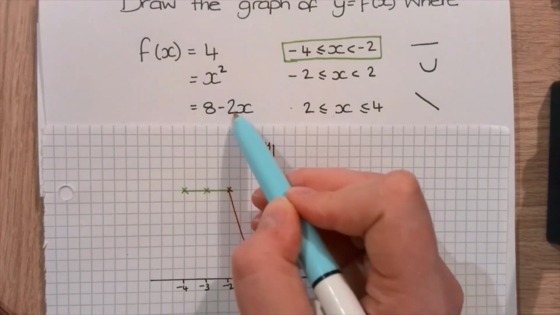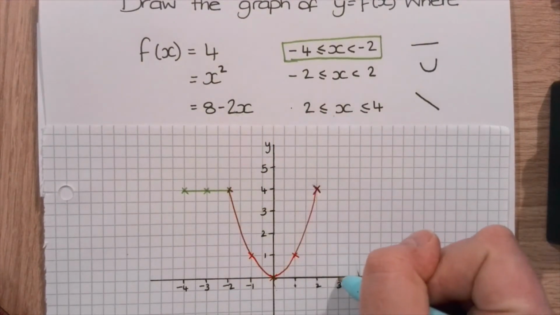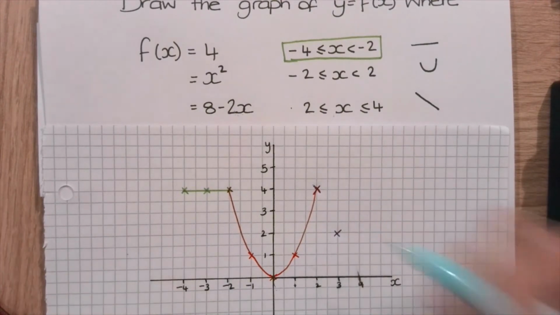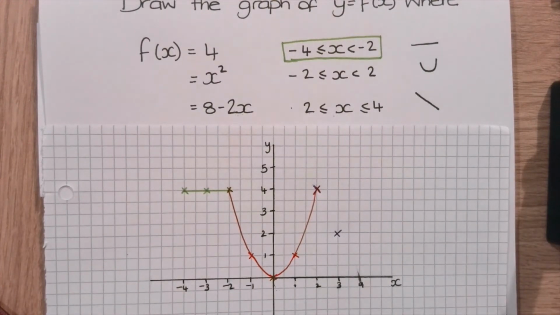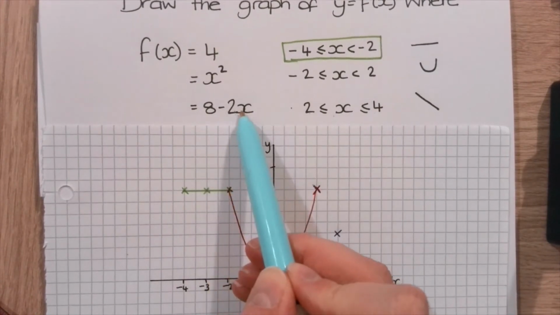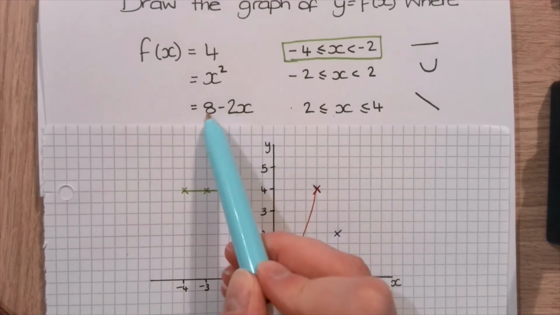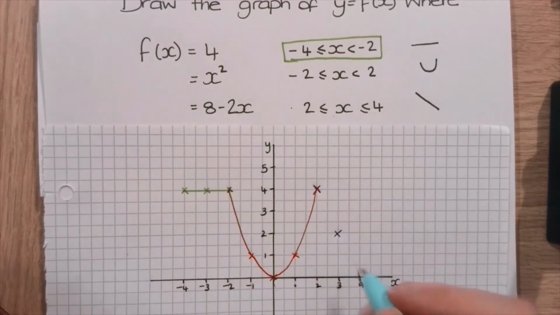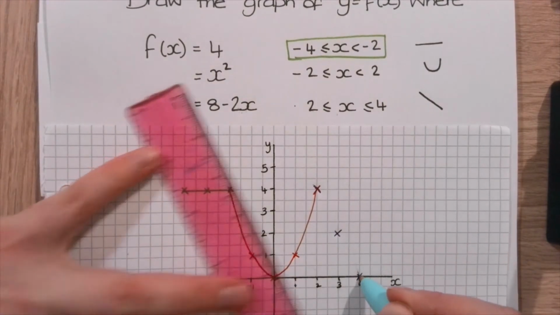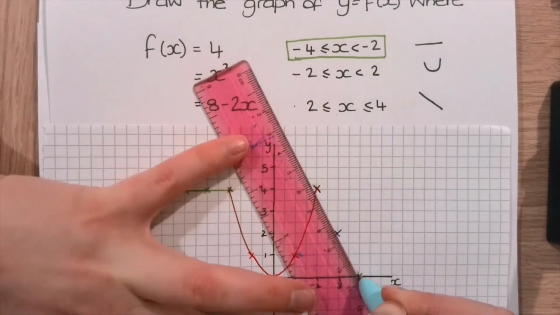So 8 take away 6 gets me 2. When x is 3, y is 2. And finally, when x is 4, 8 take away 2 times 4. 2 times 4 is 8. 8 take away 8 gets me 0. And there is my linear line with a negative gradient.